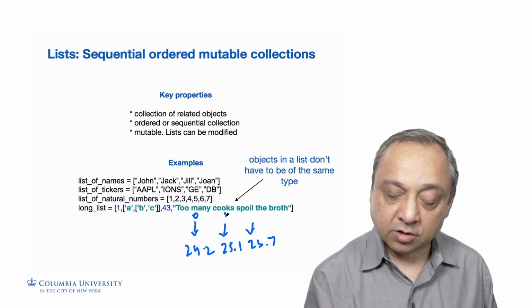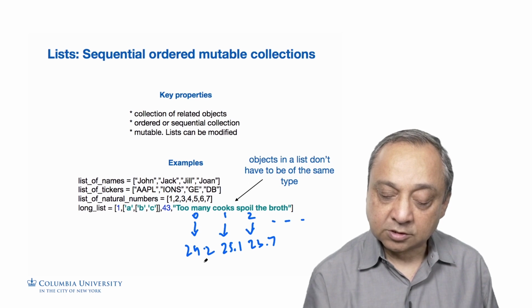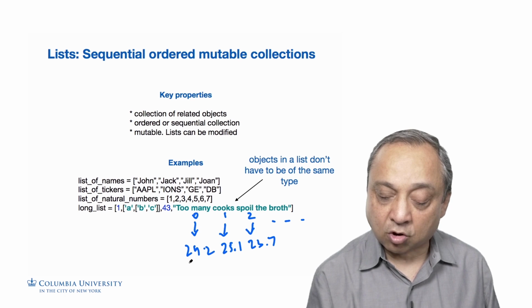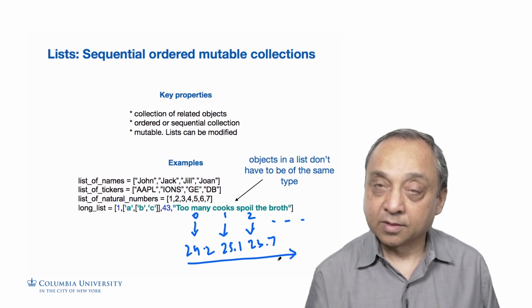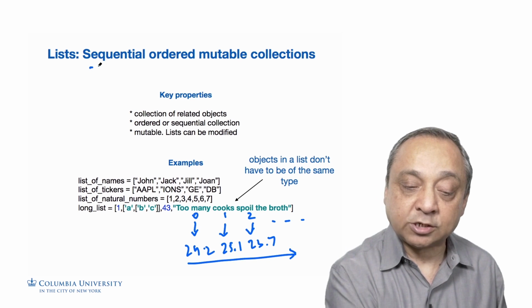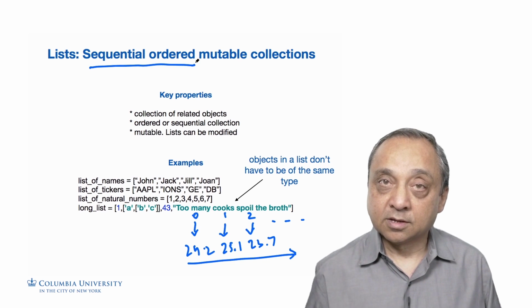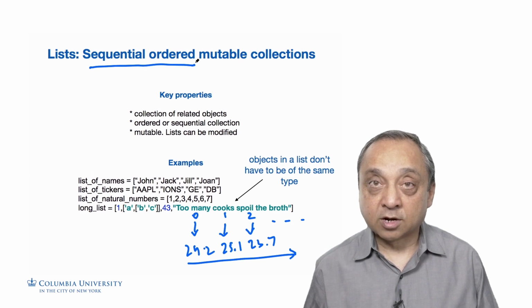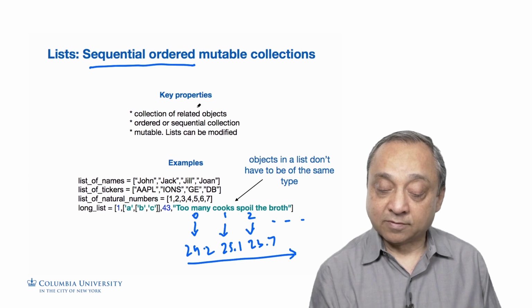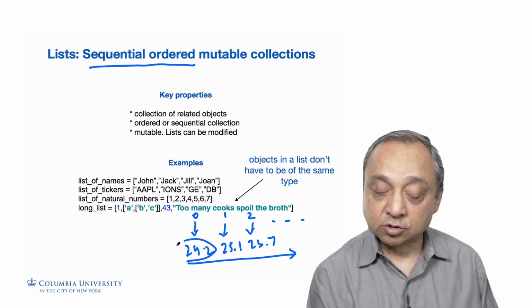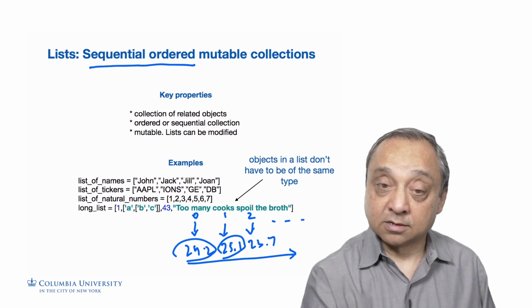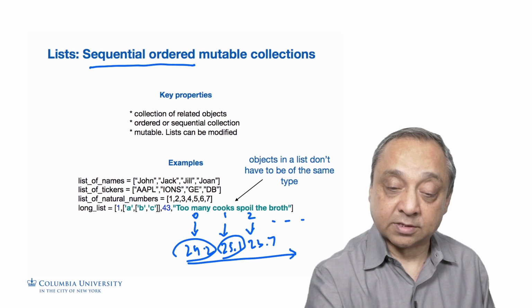So day 0, day 1, day 2, etc. What this says is there's an ordering on my data. And that's what the words sequential and ordered mean, right? The data is sequential. The order matters. It matters that this price 24.2 is before this price 25.1. So that's the first point that we have to deal with here.